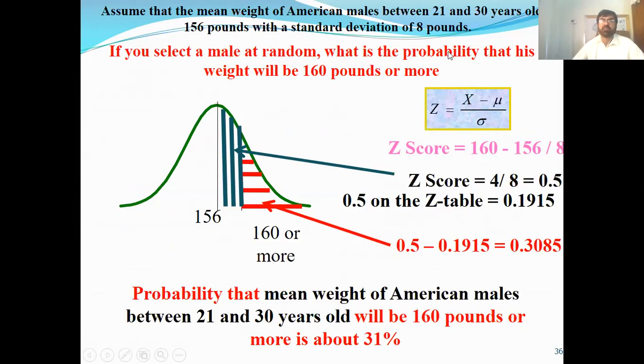If we select an individual at random, what is the probability that his weight will be 160 pounds or above? So this is the area which will tell you 160 pounds and above. You have to subtract this area from 0.5, and that makes 0.3085. So the probability that the weight of an American male between 21 and 30 years old will be 160 pounds or more is about 31%.